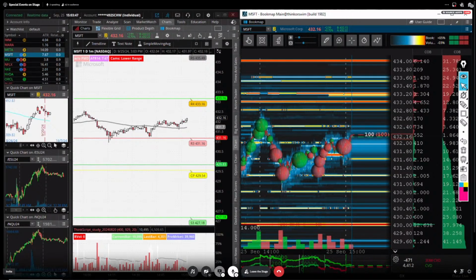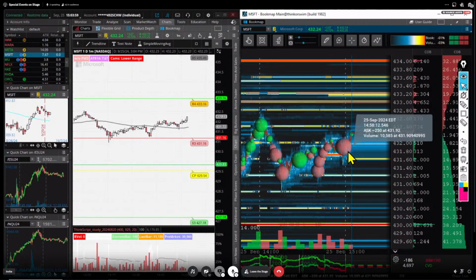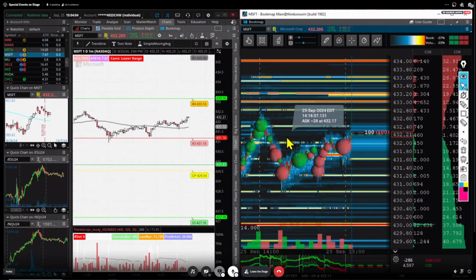So when we're talking about buy versus sell, we're talking about our green bubbles versus our red bubbles, right? When we're looking at bubbles, we're looking at market activity, and how our market activity is responding to our limit orders.